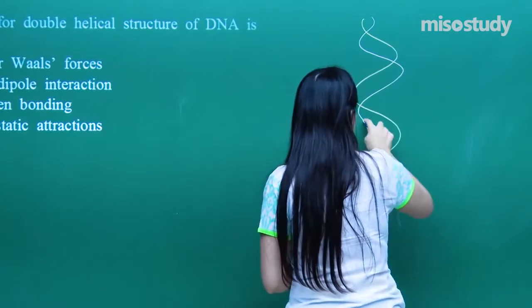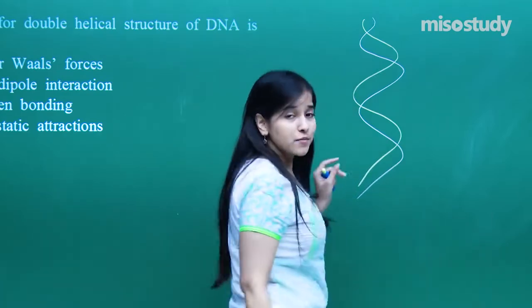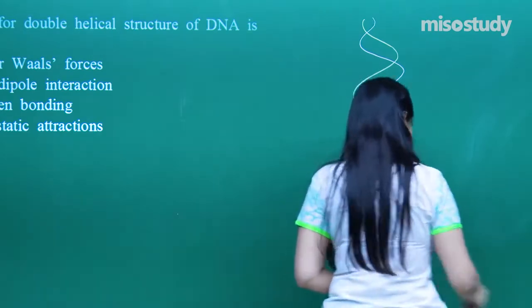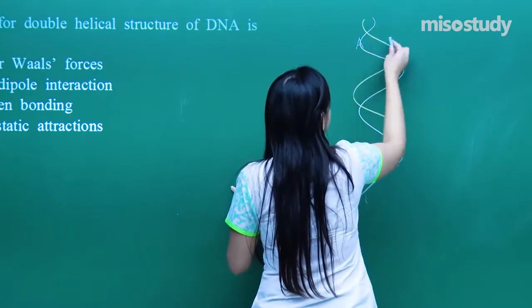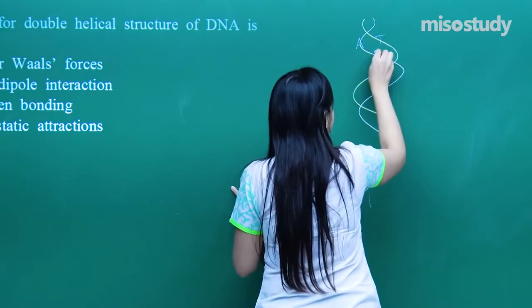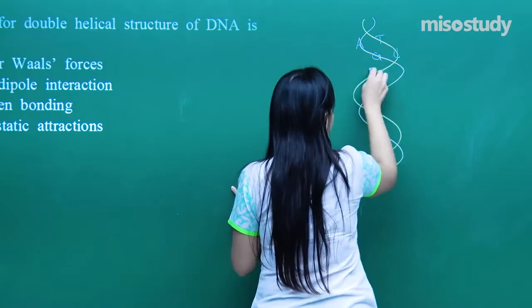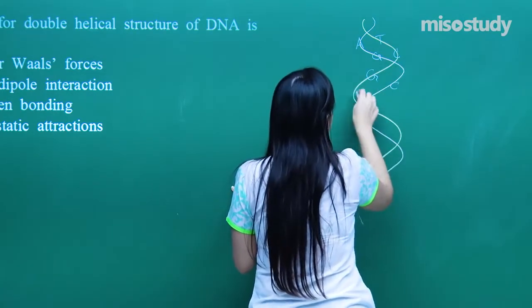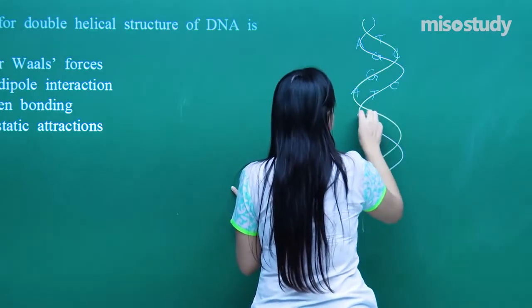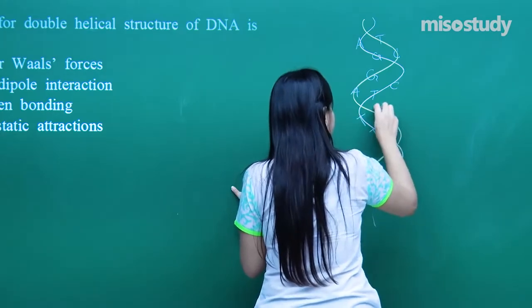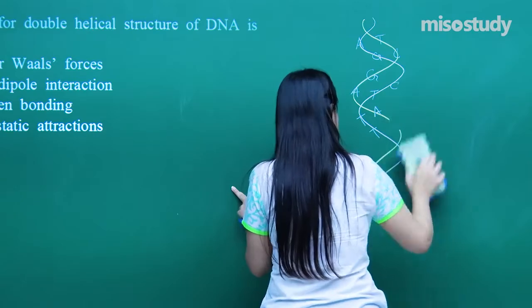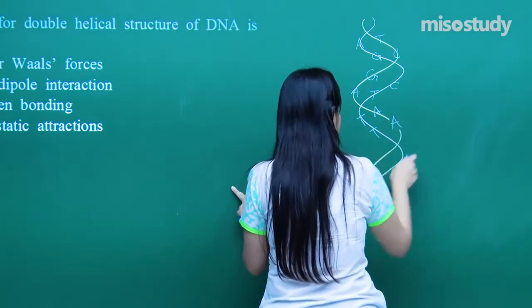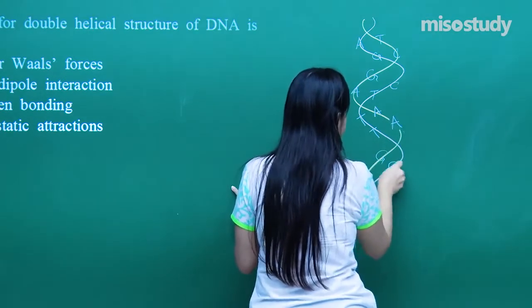Something like this. That is what the double helical structure is, and I need to have some bases in between, A connected with T, G connected with C, G connected with C, A, T, T, T, A, G, A, sorry, it would be A, and so on.